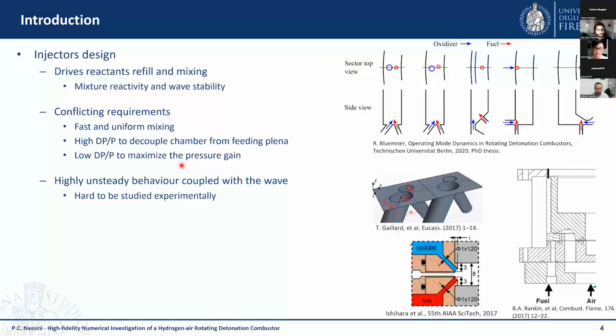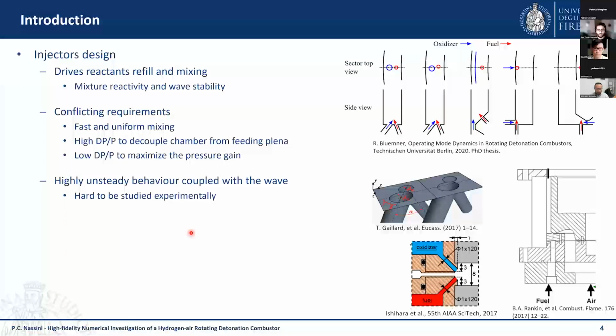The injector design is also more complex because it is not only to be designed in a fixed condition, but it has to be designed in a transient condition, because its functioning is really coupled with the detonation wave inside the combustion chamber. And so this makes it really, really hard to study experimentally. It is very hard to study experimentally the reactants mixing in reactive condition in a rotating detonation combustor.